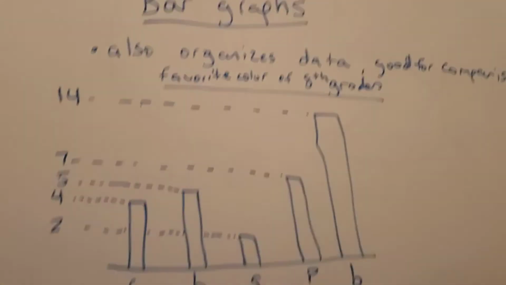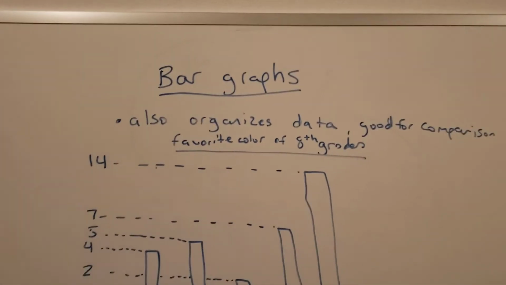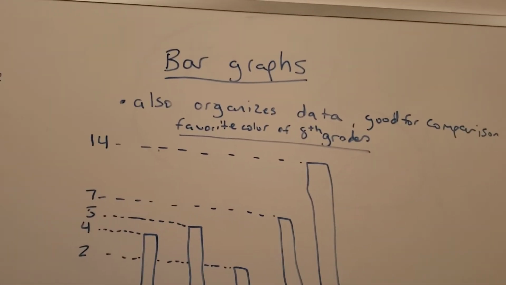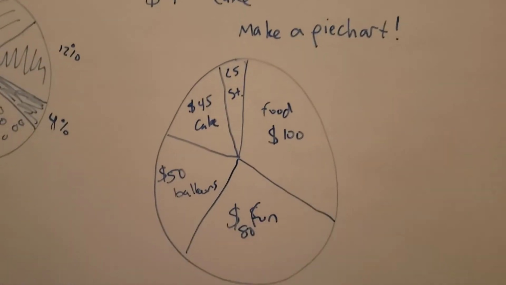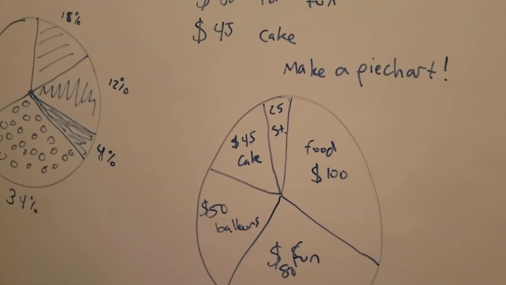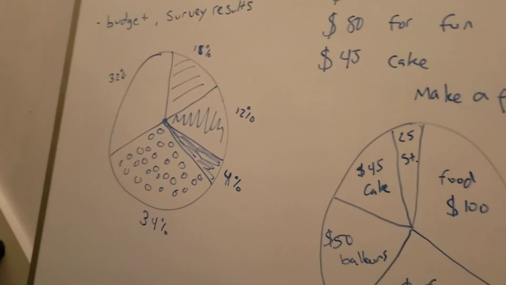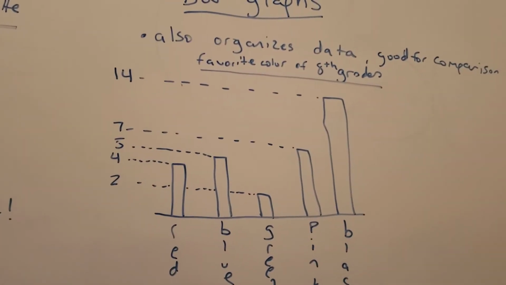Okay. Now the other type of graph we were going to talk about today is a bar graph. And bar graphs are also really helpful for organizing data, but they're even better at showing comparisons than pie charts are. Pie charts can show you the breakdown of things, like how money is allocated. But a bar graph is really good at showing you a comparison.